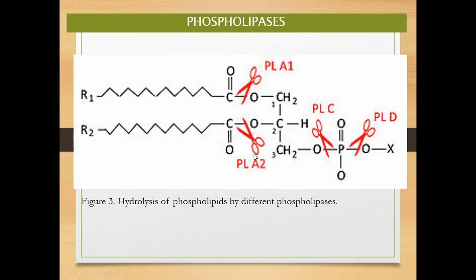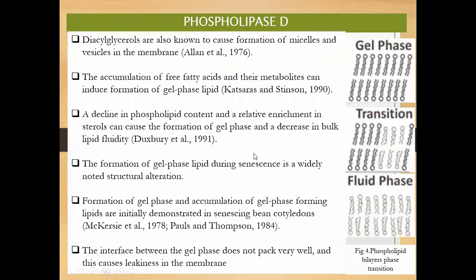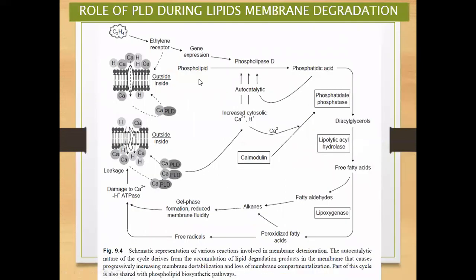So how to control this? It is by controlling the enzyme activity, phospholipase D or phospholipase A or phospholipase C. This is an example of what happens when you have ethylene.